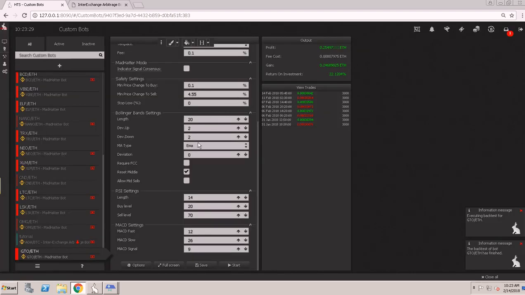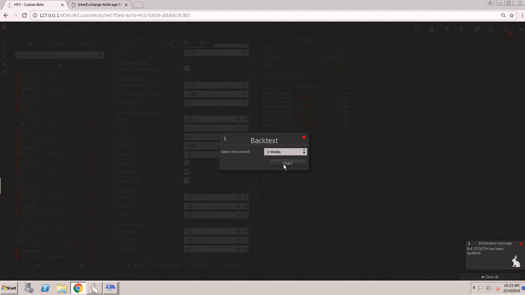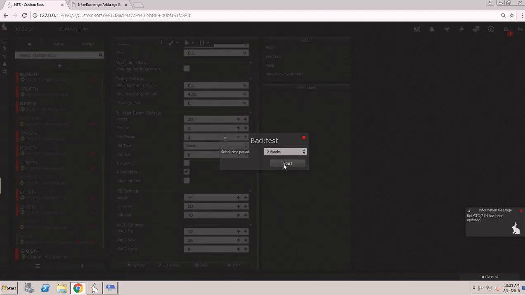One and then double exponential moving average. I don't know why they have all these moving averages, but they're all trying to keep something.